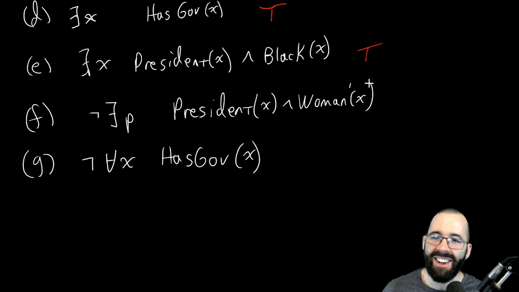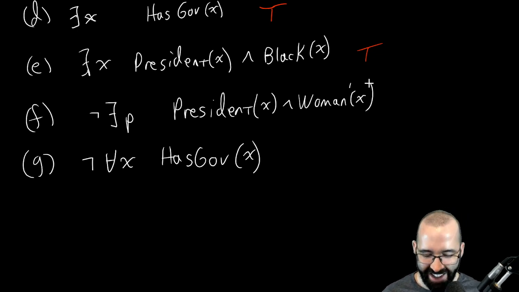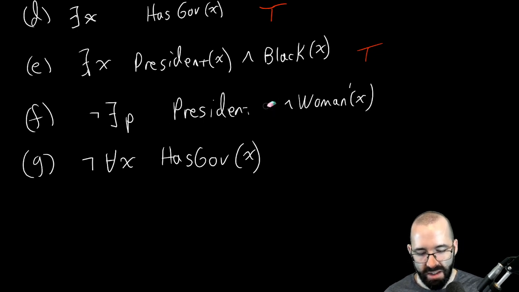So some of these are, yeah, anyway. There does not exist a president, again, at the time of recording this video, such that that person is a president and is a woman. And so this one is also true. That is not the case.